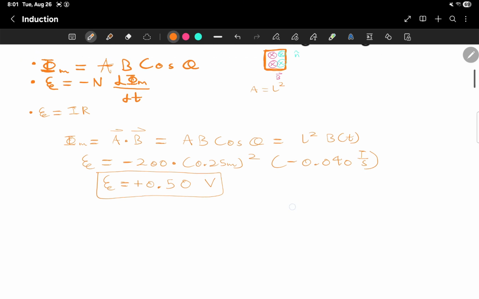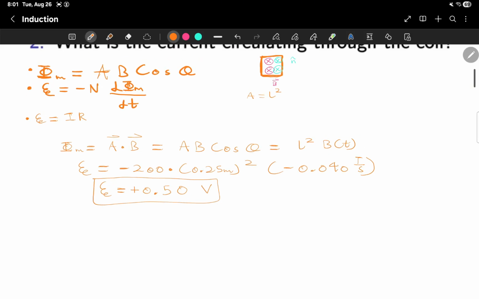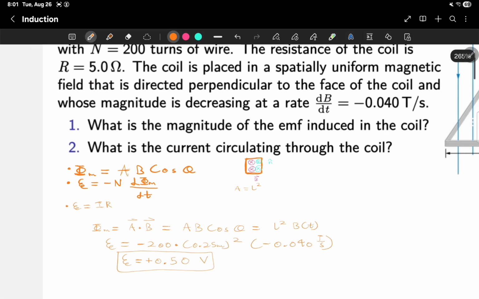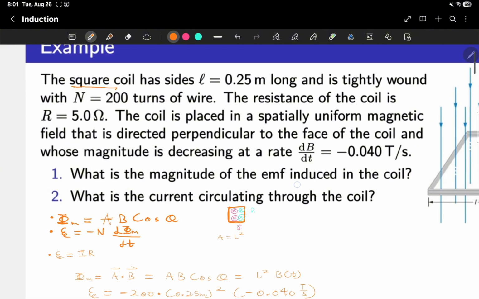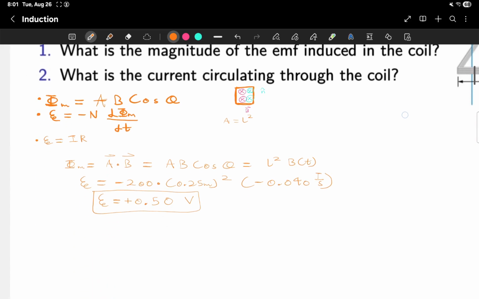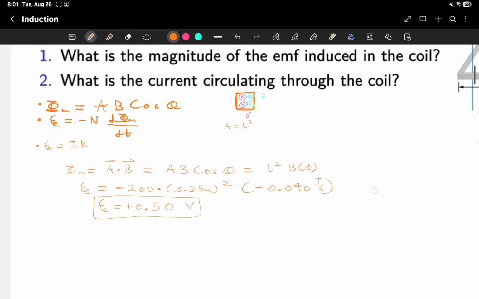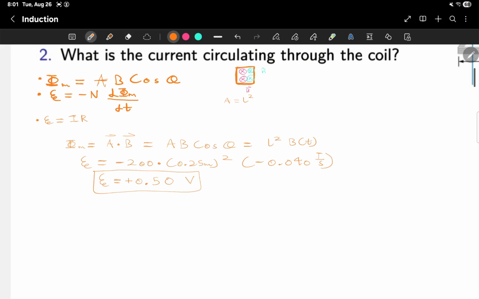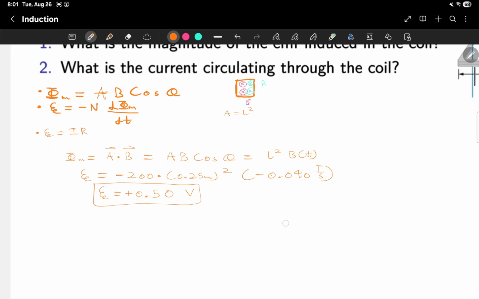I wouldn't say correct assumption, but it just gave me a positive answer, which is a good thing. A negative answer isn't a bad thing either. It's also a good thing. So that's the induced EMF in the coil. That's question 1 for us.